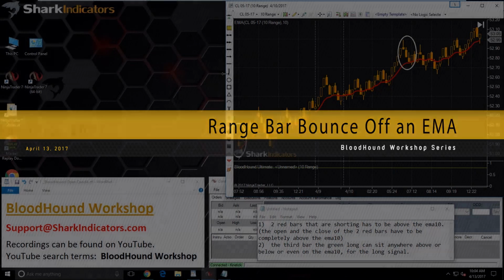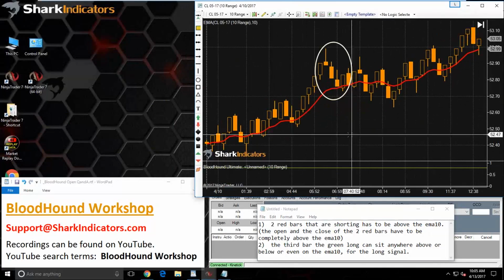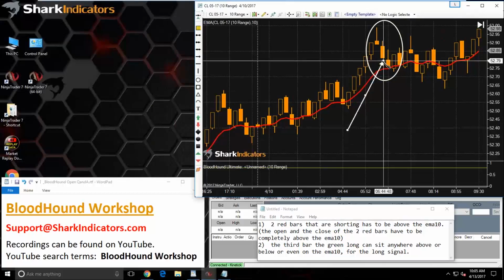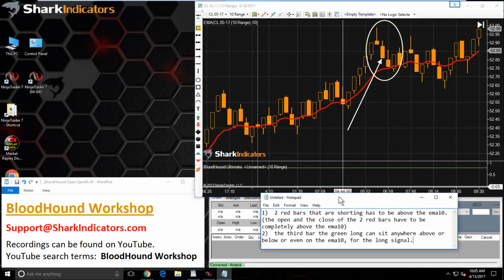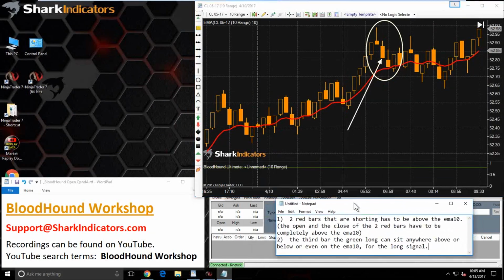All right, so the first question up this morning is regarding a bounce setup, a bounce off of a moving average. I've got the simple rules right here on the notepad.